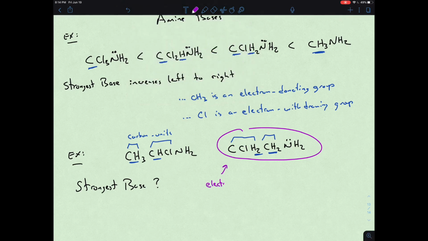So we could say it twofold: our electron donating groups are closer, as well as our electron withdrawing groups are further away.